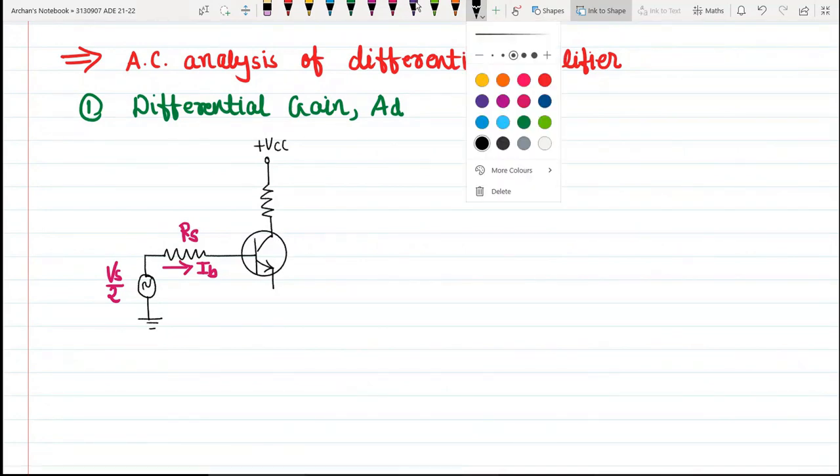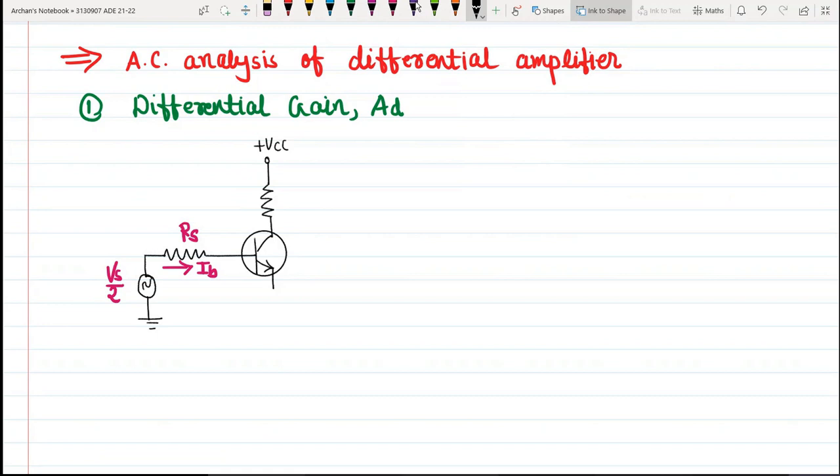Then we take the output over here. We have an unbalanced output like this, so we consider the output voltage V0 over here. This is my collector resistance RC.